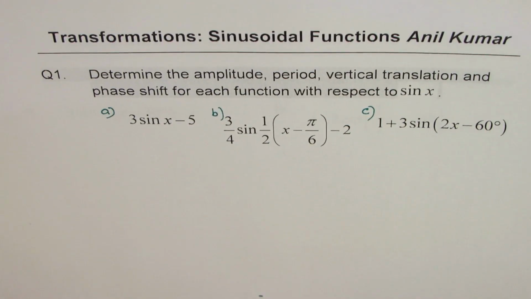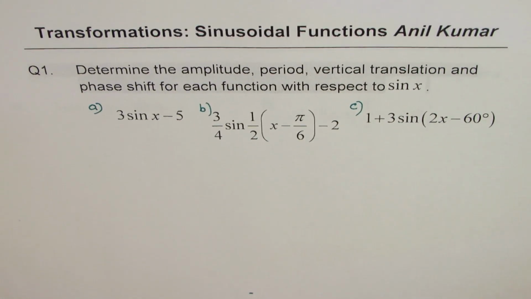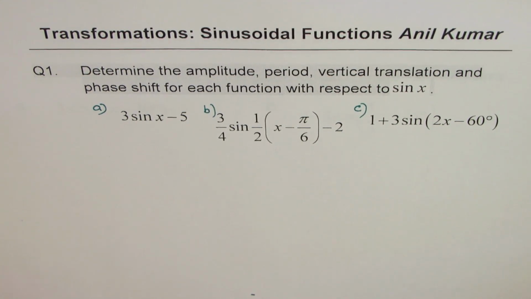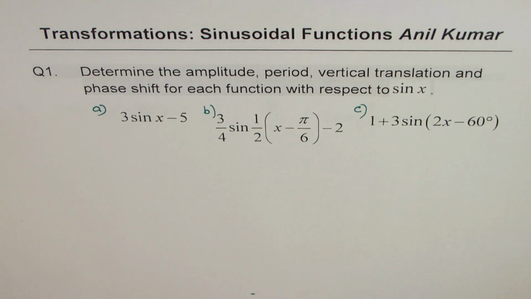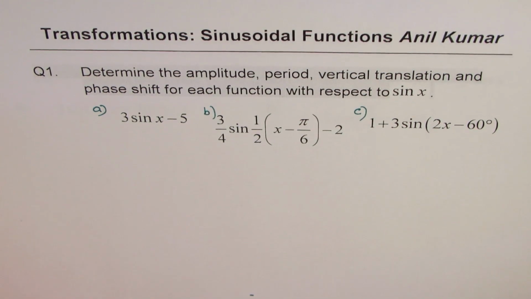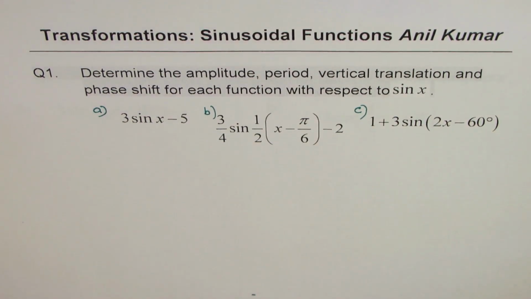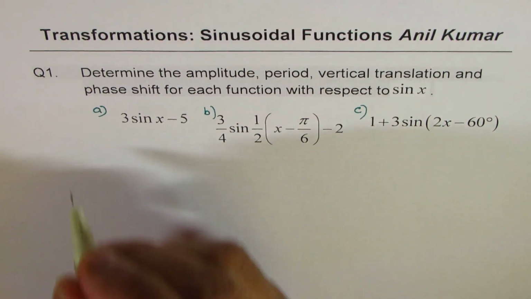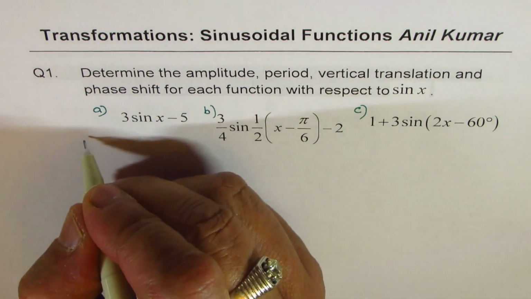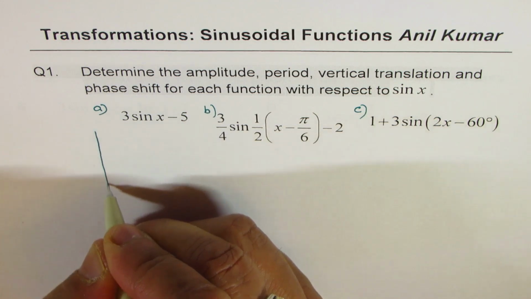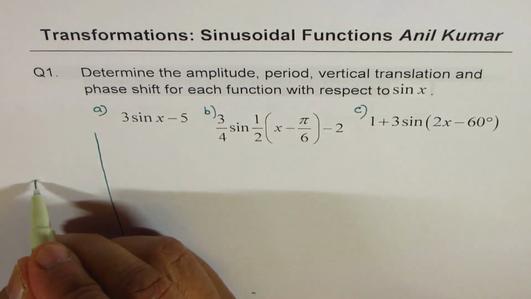So we'll begin from the very first question now, which is regarding, from the given equation, we have to figure out what is amplitude, what is period, what is vertical translation, and phase shift. So to answer this question, let me make a table here, and we'll just write down all the required parameters for each one of these functions, right?